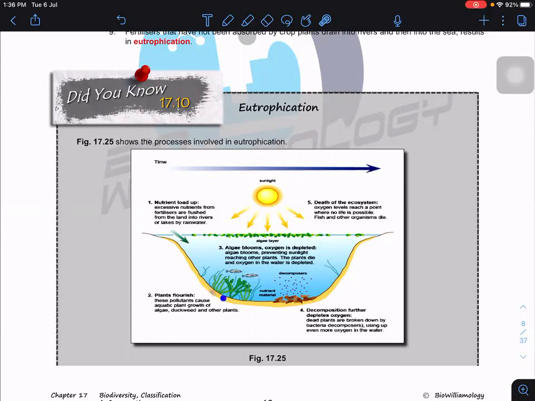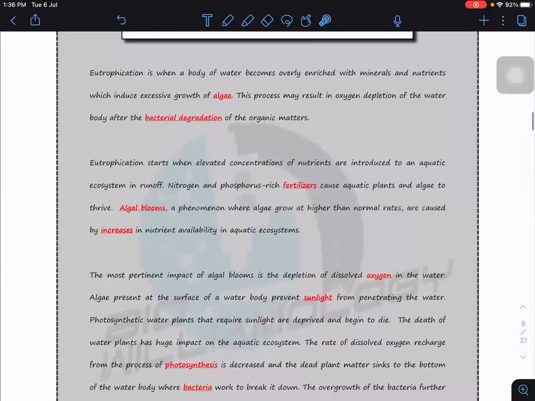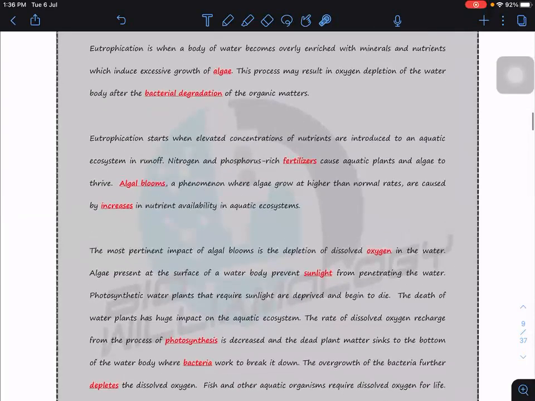The dead algae and the dead plants are decomposed by bacteria, and these bacteria are going to use up the oxygen in the lake. Therefore, other aquatic creatures that depend on oxygen won't be able to survive. So that is eutrophication. You can try this question, and then you can check your answer.